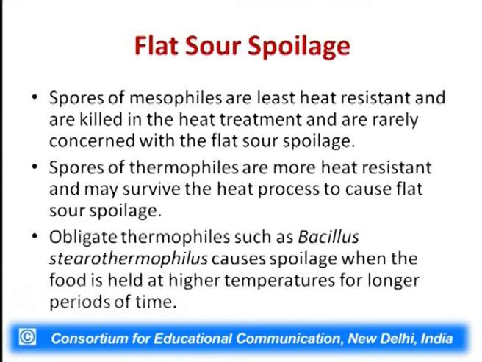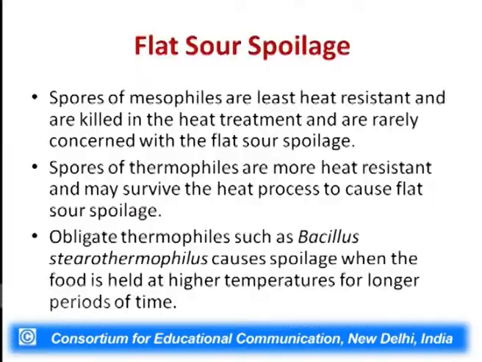Two factors are required. One is the presence of the microorganism and another is the availability of conditions for that microorganism to grow and cause spoilage. So, in this case Bacillus stearothermophilus is a thermophile, and if food is held at higher temperature, it will grow because thermophiles grow at high temperatures.